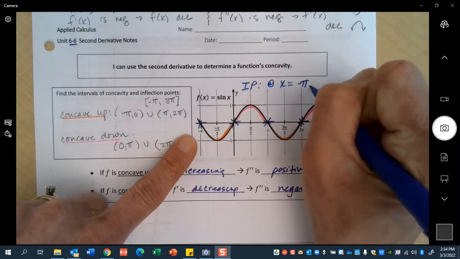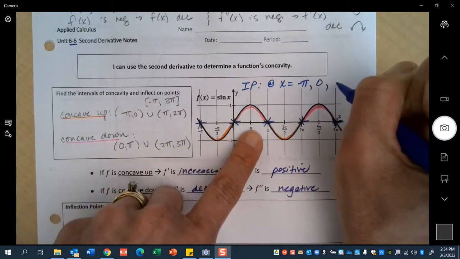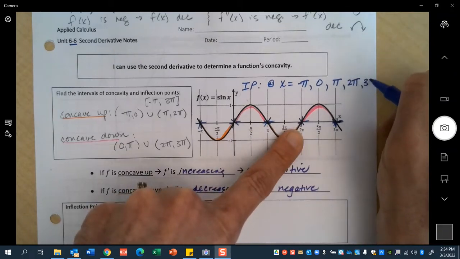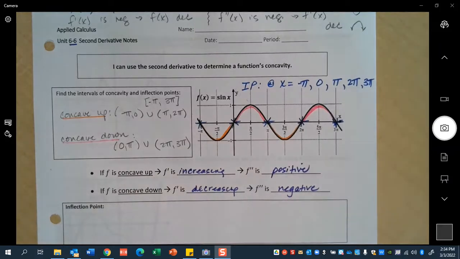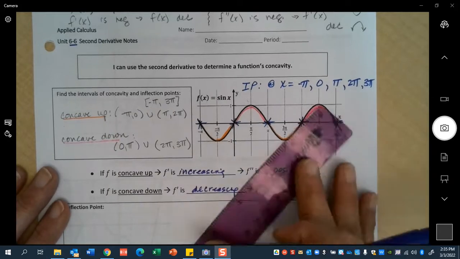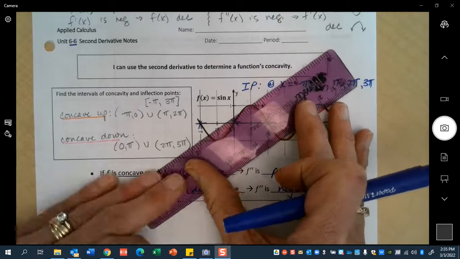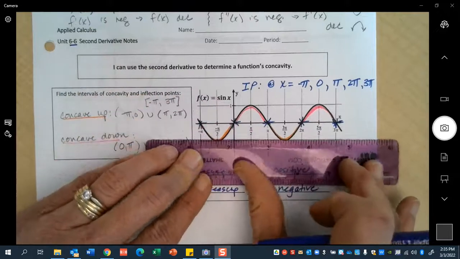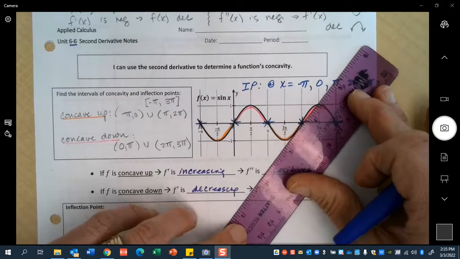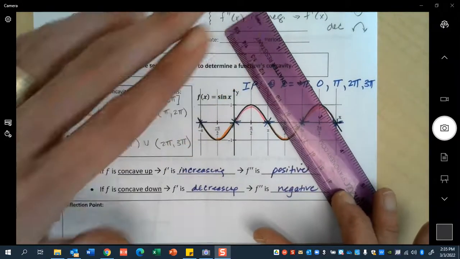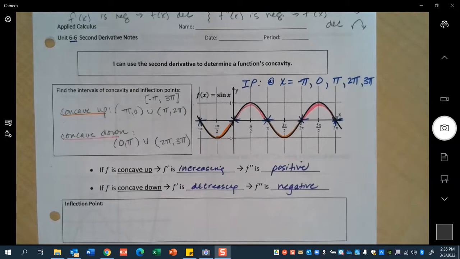When x is equal to negative pi, 0, pi, 2 pi, and 3 pi, I have points of inflection. And those inflection points are where my tangent line stops getting bigger, starts getting smaller, stops getting smaller, starts getting bigger, stops getting bigger, and starts getting smaller. We can see how that happens if I mimic that tangent line.